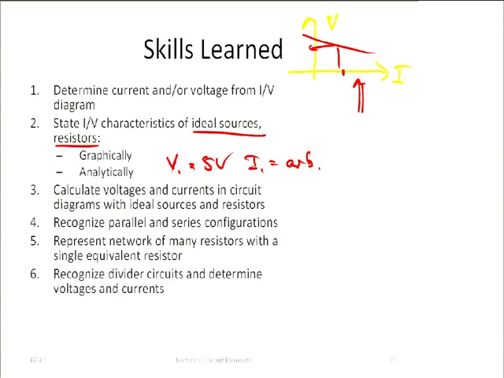You need to know, first of all, what is a parallel and what is a series connection. You need to recognize those, and then you need to apply appropriate laws, in particular for resistors, right? We know how to simplify resistive circuits if we have resistors that are either in parallel or in series or combinations thereof, and represent a network of many resistors with a single resistor.